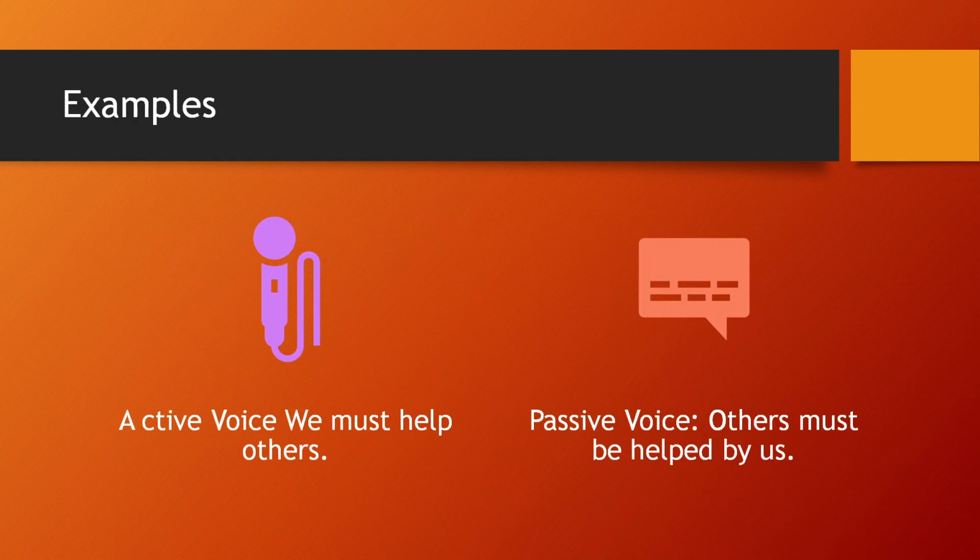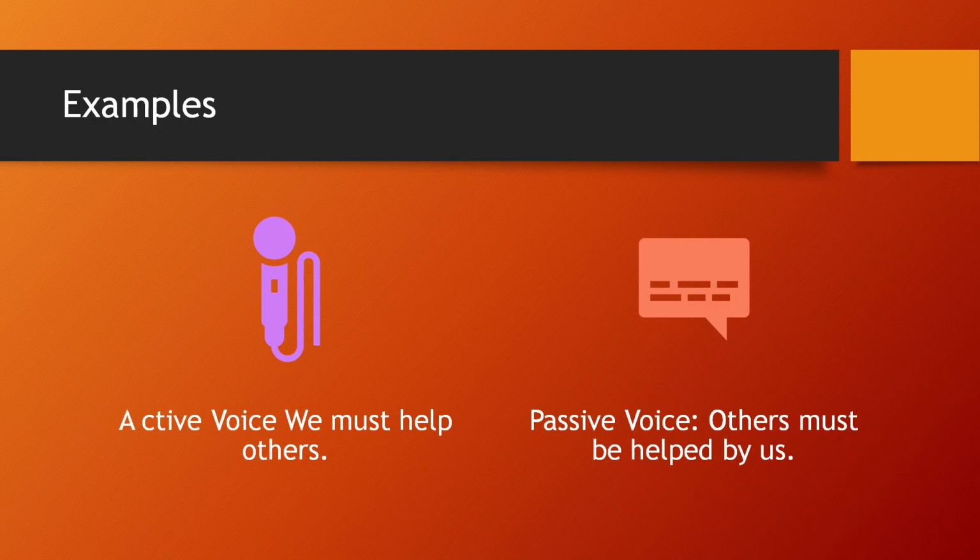So let's look at this. We must help others. Passive voice: others must be helped by us. So I'm repeating. Here you see the modal must. It does not change its form in passive voice. It remains same, must. And what else has been done?